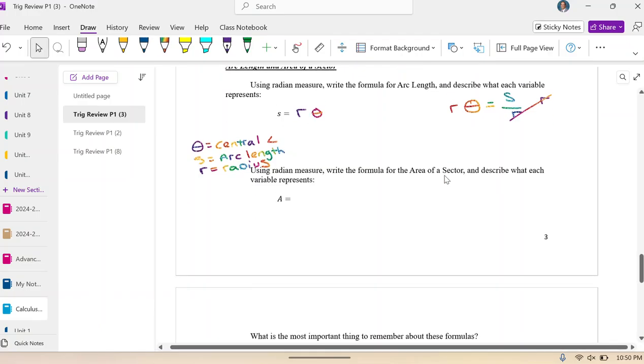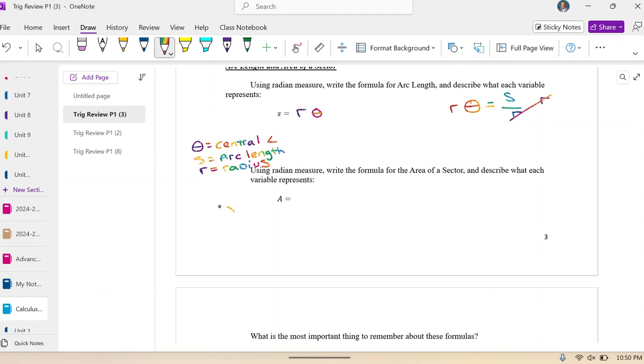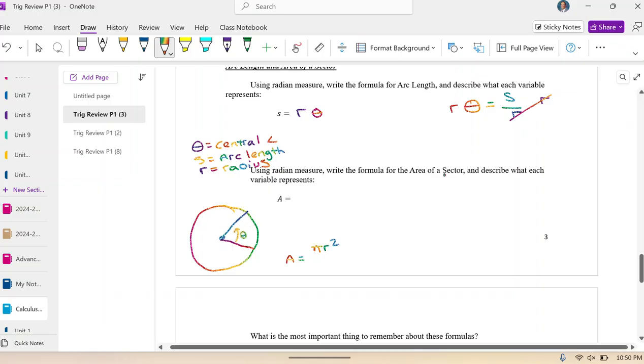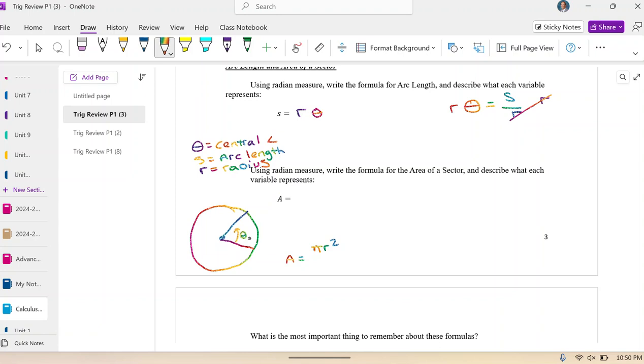Now for the area of the sector of a circle. Remember, the area of a circle is not 2 pi r squared, it's just pi r squared. Now, if you're just talking about part of a circle, you want to know what fractional part of the circle that is.